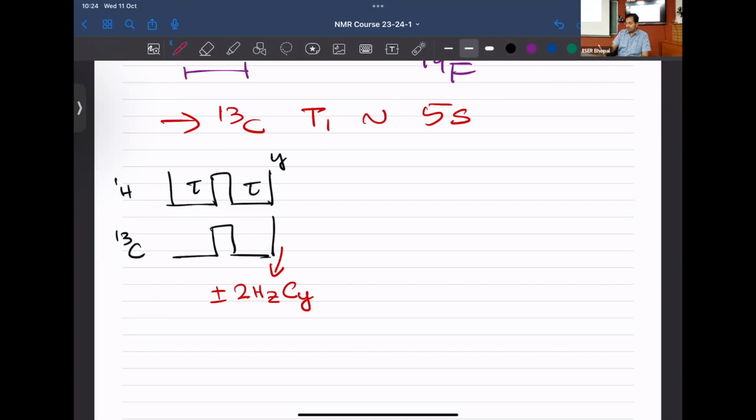Okay, the plus or minus depends upon the phase here, whether it's X or minus X. Makes sense, right? So what you end up realizing is that, yes, you are able to generate carbon coherence, most importantly, weighted by gamma of H.